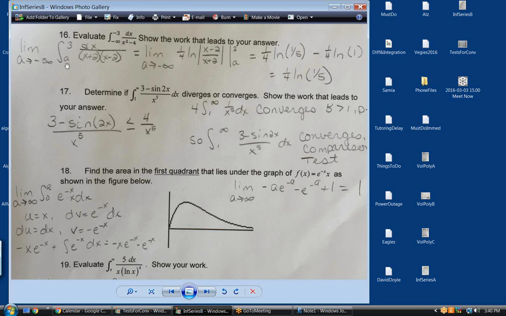No, what they're doing here is technically correct. In other words, it's difficult to evaluate that when x is negative infinity, right? How do you evaluate it?